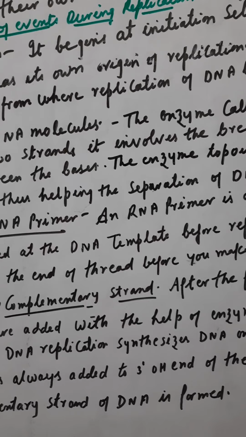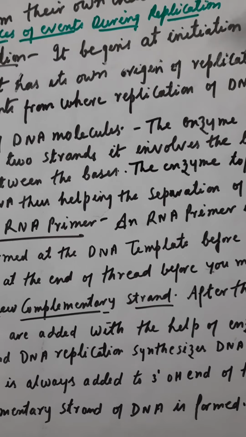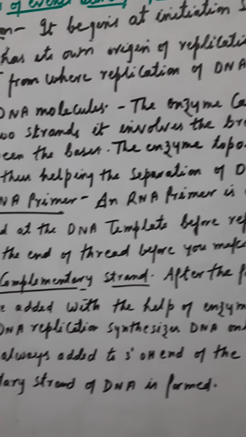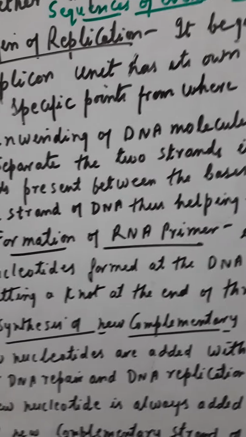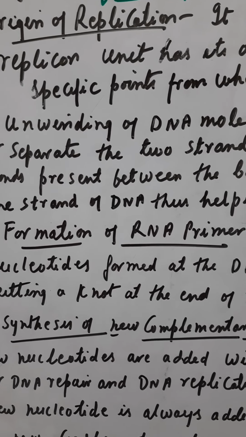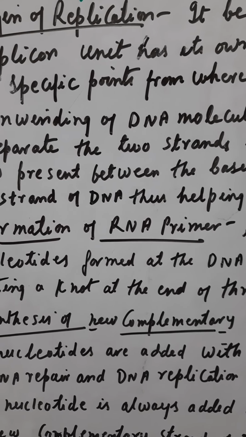So the function of topoisomerase is to cut and rejoin one strand of DNA, thus helping in the separation of the DNA helix. You can assume that it is like separating two intertwined ropes by pulling them apart with force.